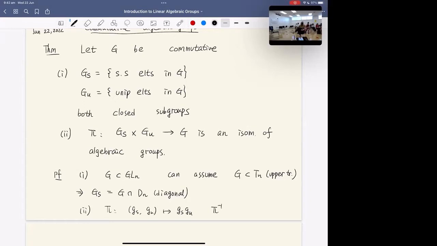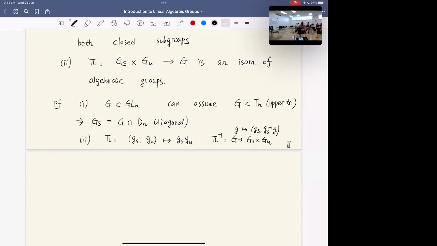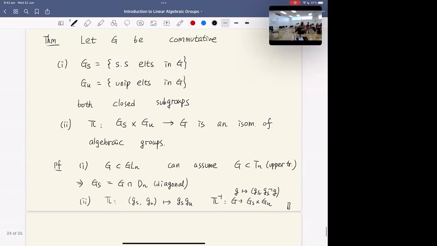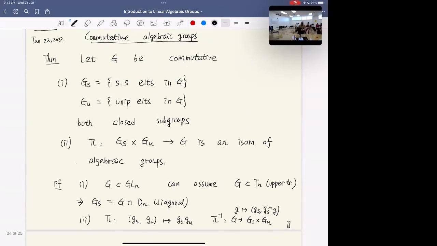And then you can also have an inverse morphism from G to G_S cross G_U by g goes to (g_s, g_s inverse g). Taking the semi-simple part of g, we know that this is unique, and the rest I'll not discuss in detail.